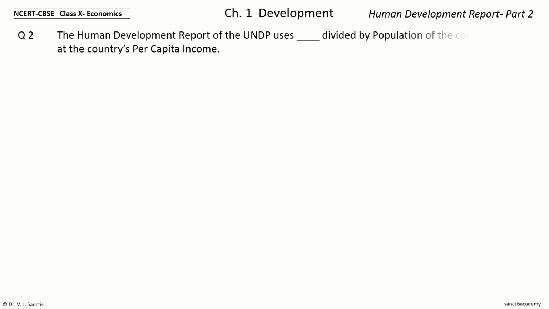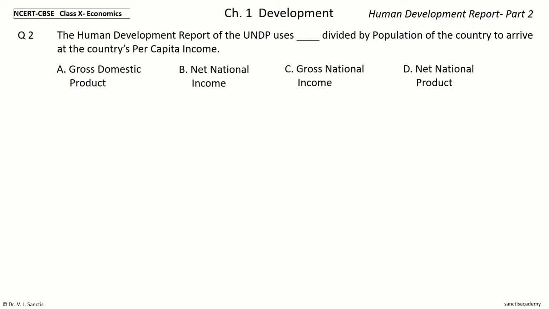Next question, question 2. The Human Development Report of the UNDP uses Dash divided by population of the country to arrive at the country's per capita income. The options are Gross Domestic Product, Net National Income, Gross National Income, Net National Product.